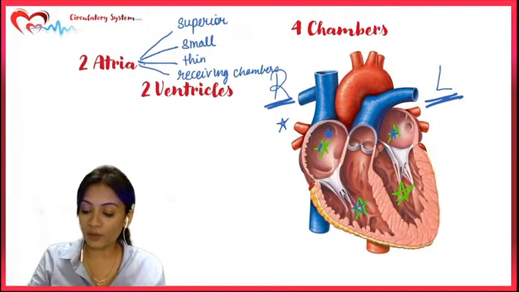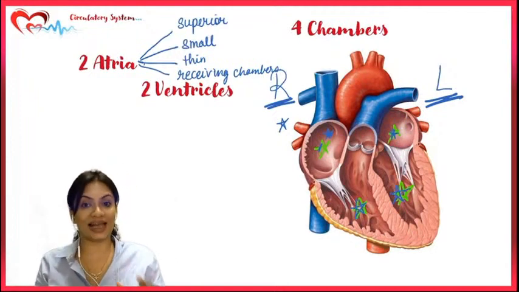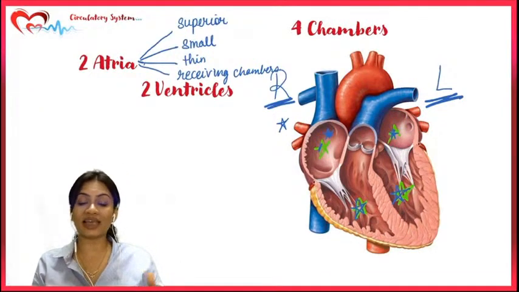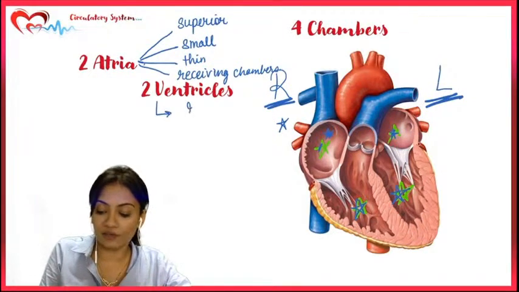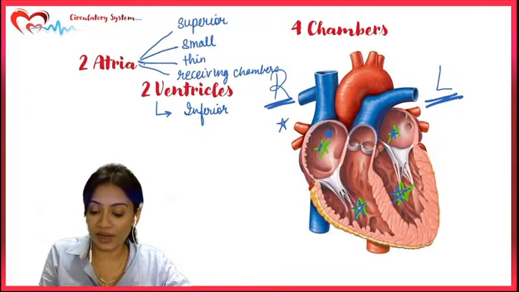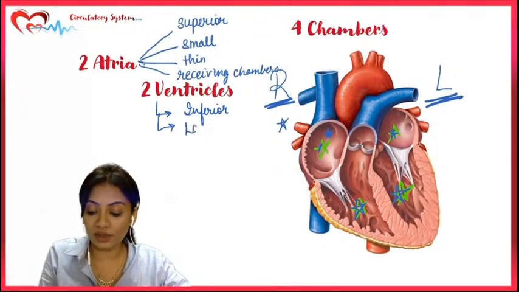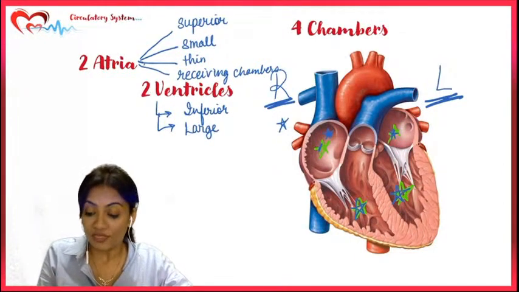Heading on down towards the ventricles. Now when we're talking about the ventricles, these are exactly the opposite. If they are opposite to atria, first these are inferior. Then they are comparatively larger, aren't they? They are inferior, large and thick walled.